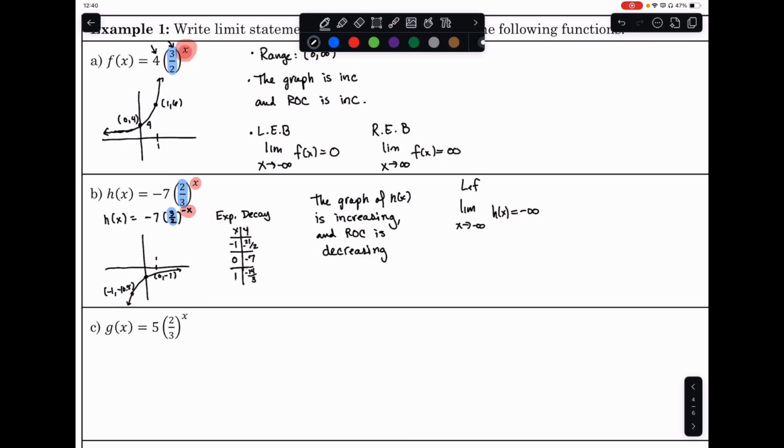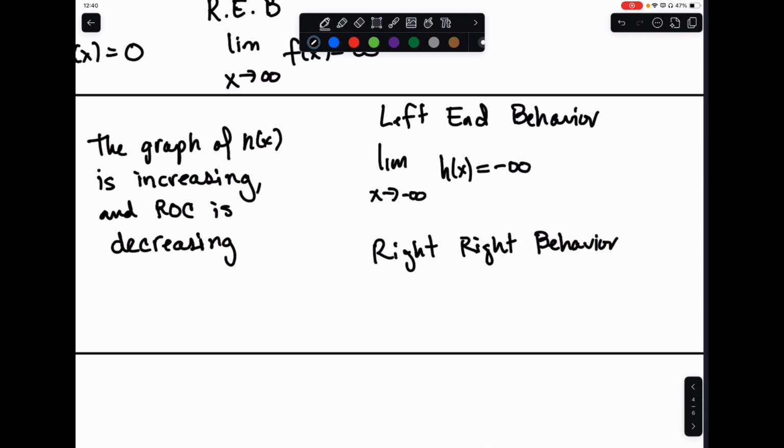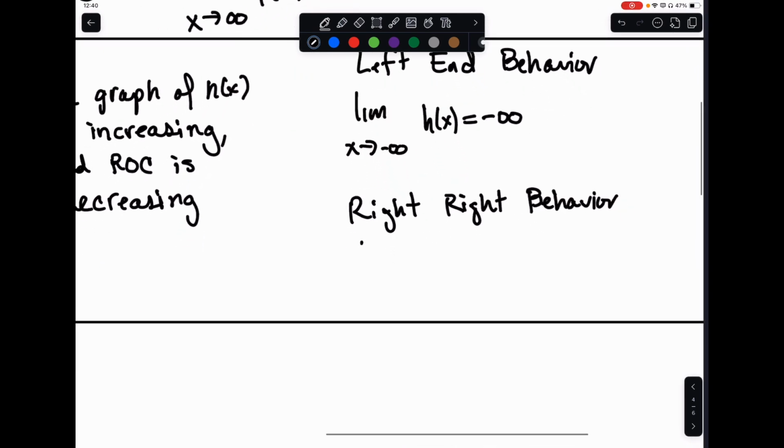So this is your left end behavior. And your right end behavior is going to be the bounded side. So as x approaches positive infinity, the right end is going to be bounded and it'll be approaching the horizontal asymptote. And for this specific example, that horizontal asymptote is 0.